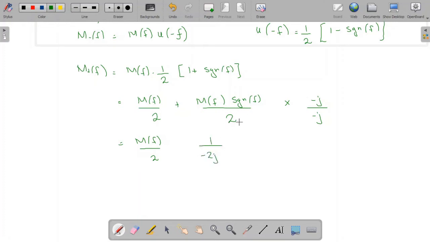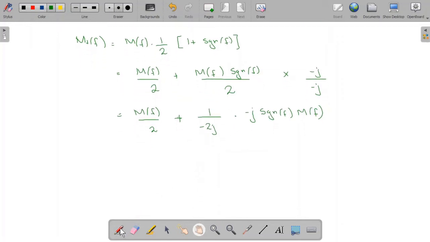I am going to keep this minus 2j to one side, and this will be equal to minus j into signum of f into m of f. These terms are multiplied with each other.